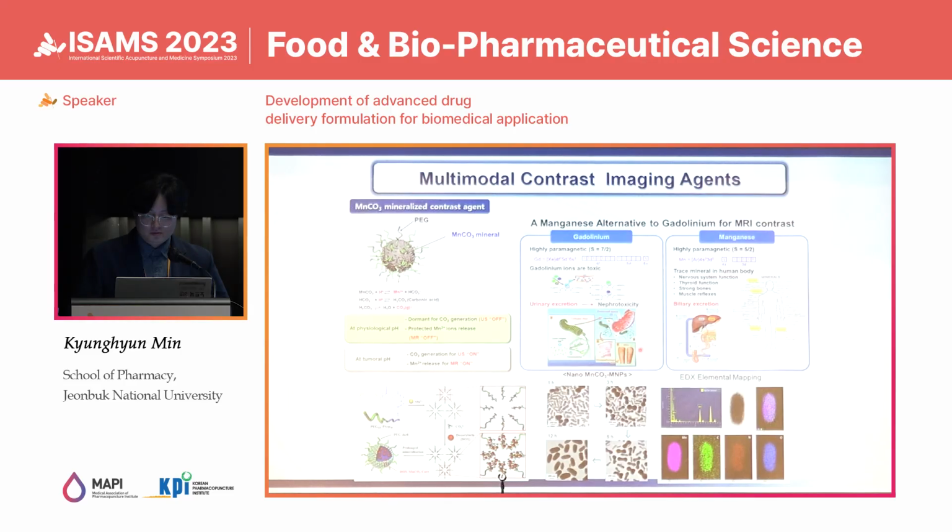Electron microscopy images show the morphology of manganese carbonate, and the X-ray diffraction patterns and the spacing of the lattice verify the formation of rhodochrosite crystalline nanoparticles. Elemental mapping also shows the elements which belong to the manganese carbonate mineralized nanoparticles.